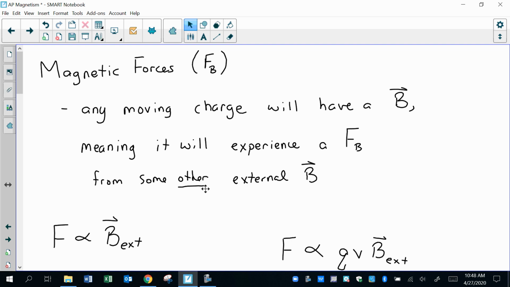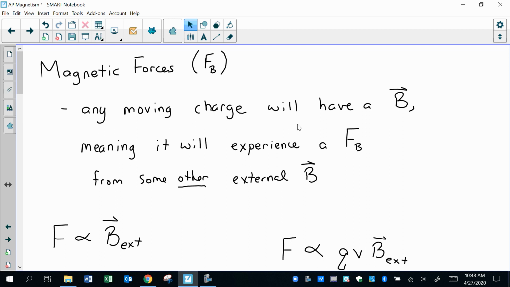Same thing with electric fields. We don't usually talk about the field interaction, and we're not going to here. You just have to understand only something that has magnetic qualities can be affected by a magnetic field. So a charge that's not moving has no magnetic qualities and will not be affected. Only once it starts to move will it be affected.